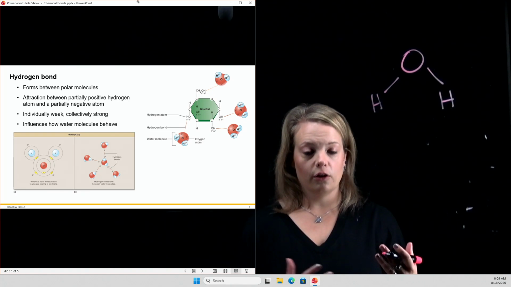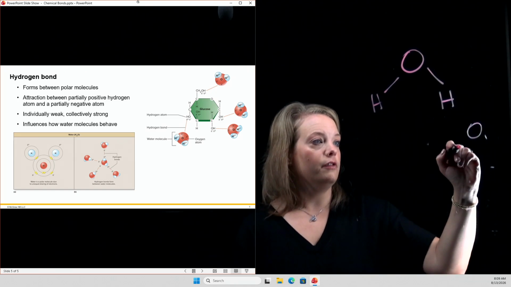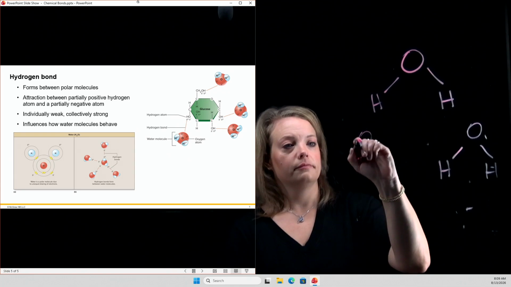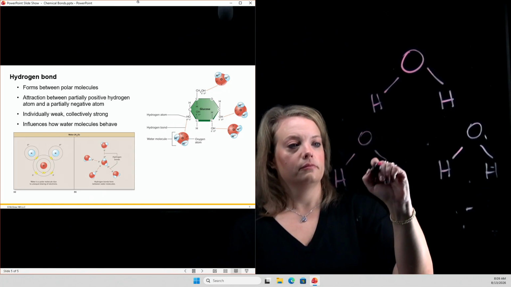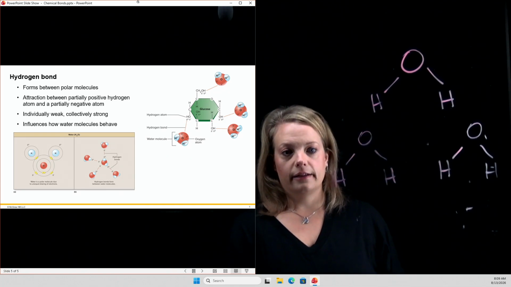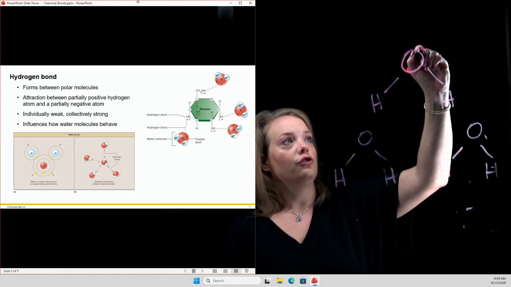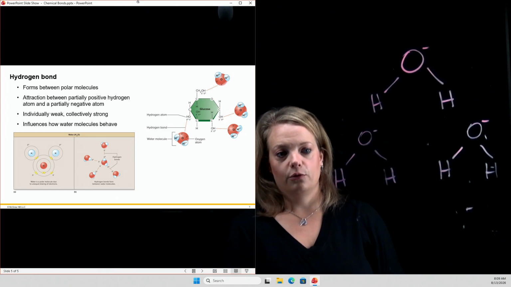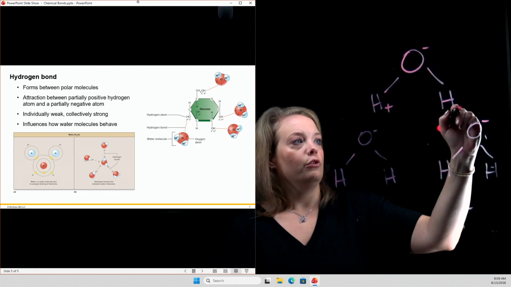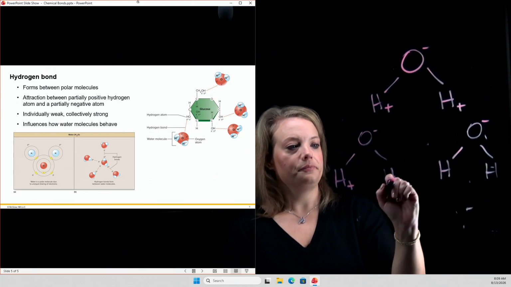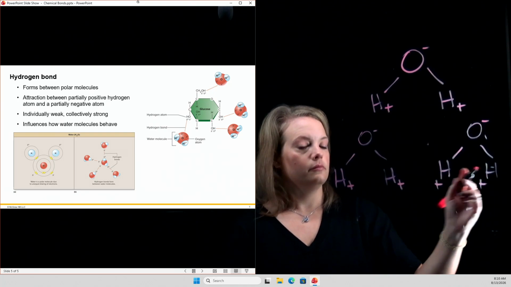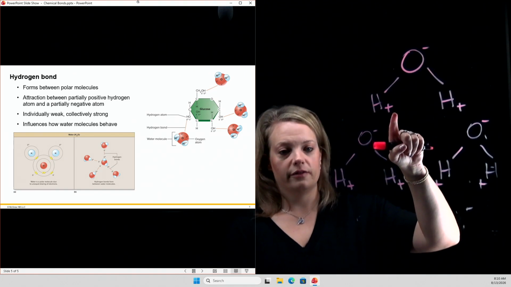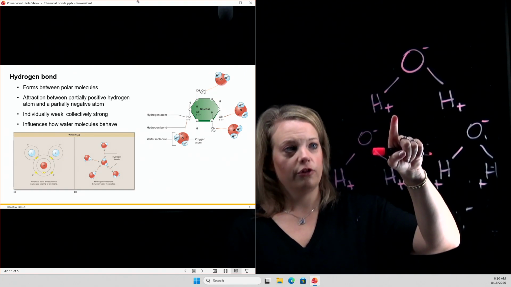A body of water is going to be made up of several water molecules. And again, the oxygen region is going to be slightly negative compared to the hydrogen region, which is going to be slightly positive. So we know that negative and positive charges attract to each other.